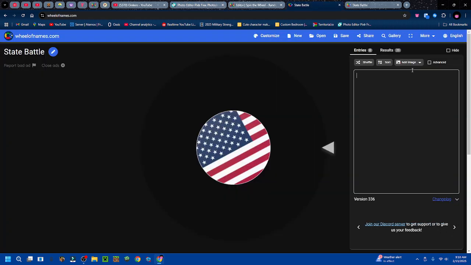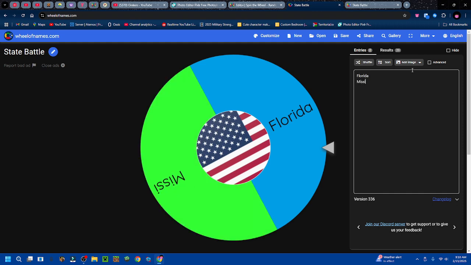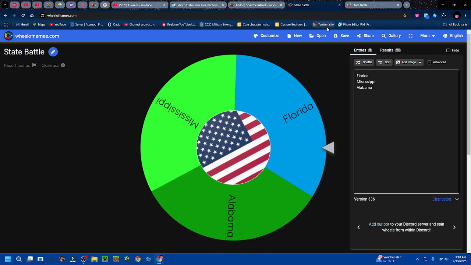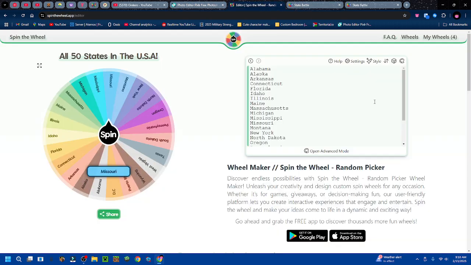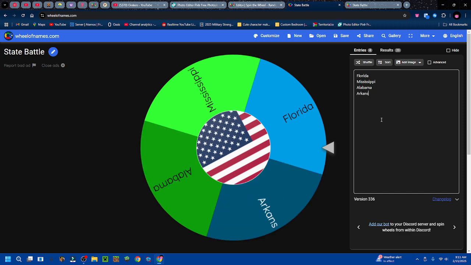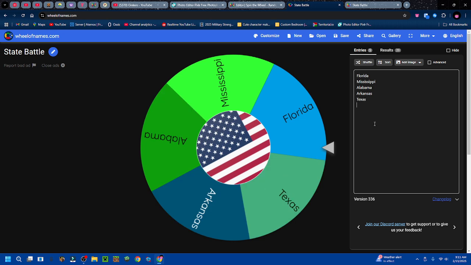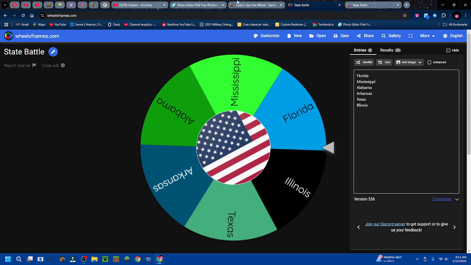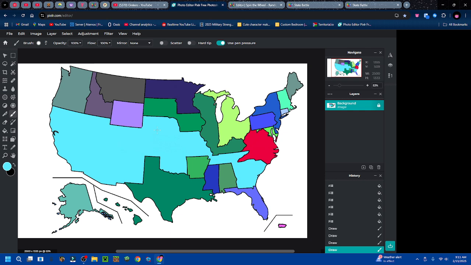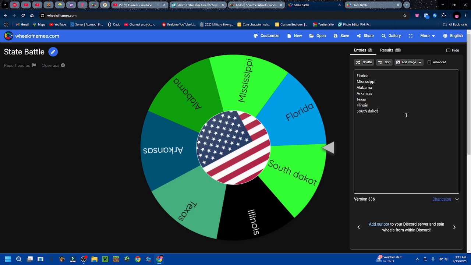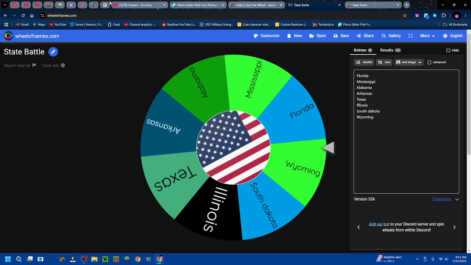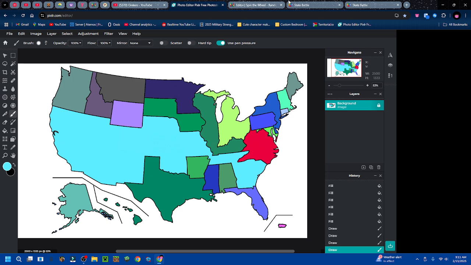Florida, Mississippi, Alabama, Arkansas, Texas, they also border Illinois, they border South Dakota, Wyoming, and then they border Idaho, Oregon.